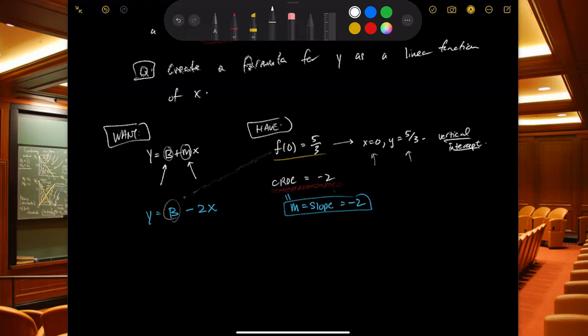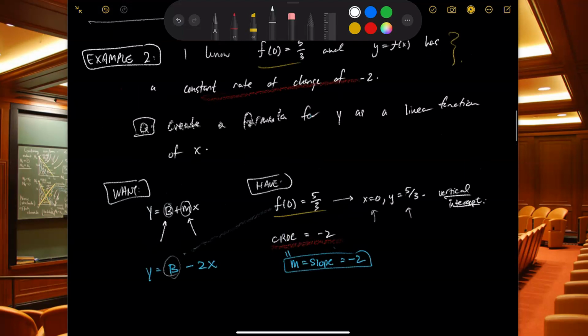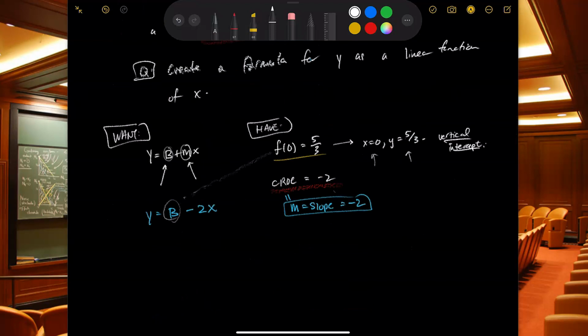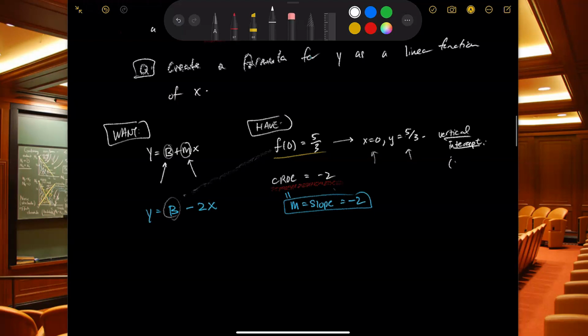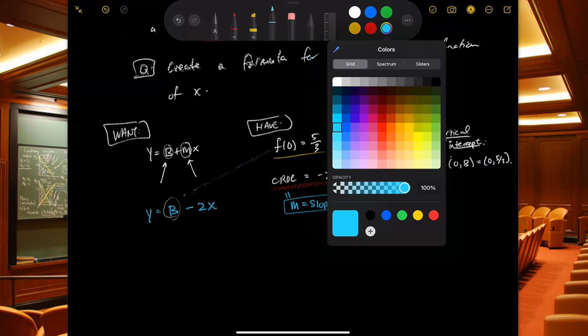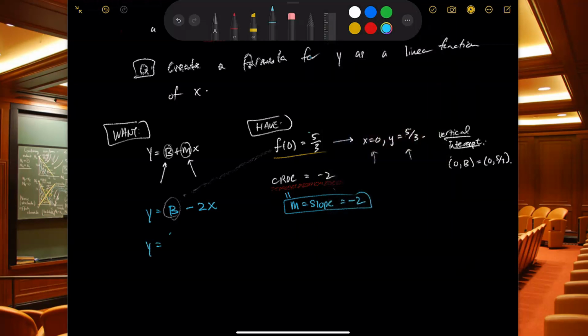It might not have been clear since it was in function notation when it was given to you, but this is actually your b value. So now we've got y equals 5/3 minus 2x.